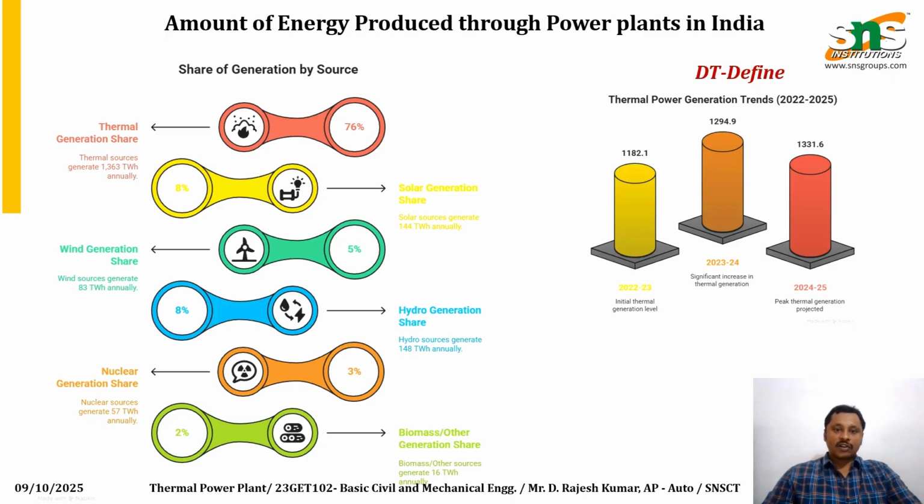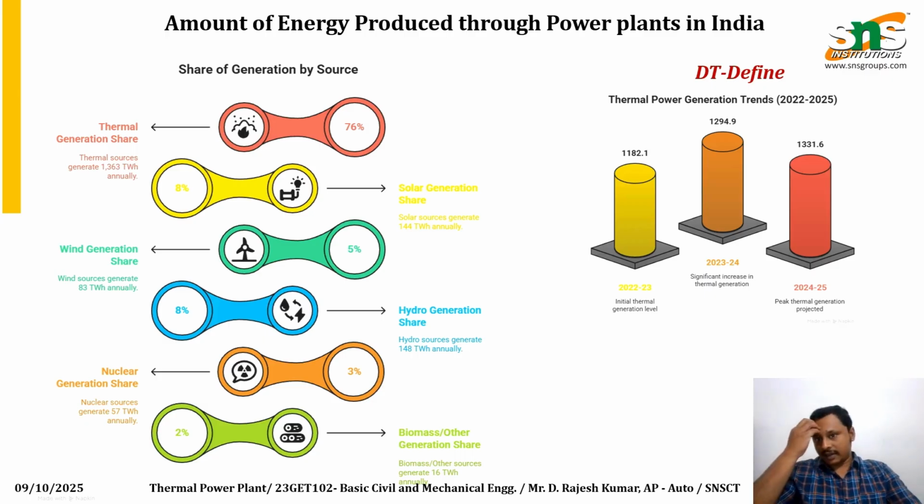So our topic is the thermal power plant, and if you see the amount of energy generated over the last 3 academic years, that is 20 to 23, it is 1182 trillion watt per hour, and in the year 23-24 it is around 1300 trillion watt per hour, and in the recent 24-25 year, it is 3331 trillion watt per hour.